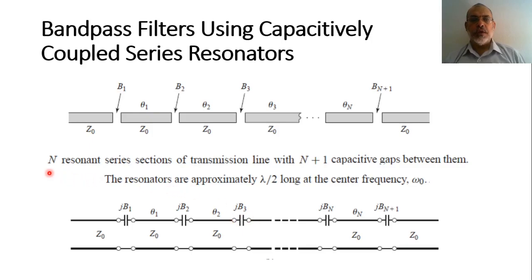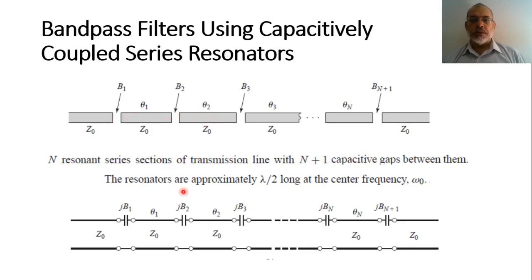In this case, we have N resonant transmission line sections with N plus 1 capacitive gaps between them.